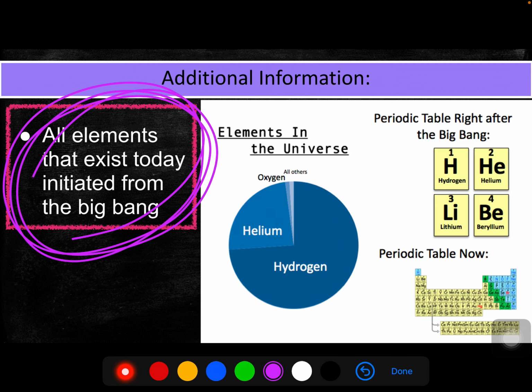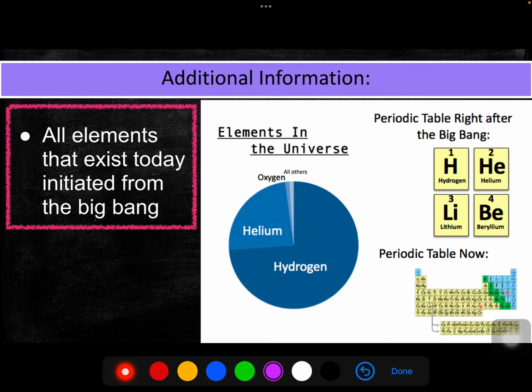So here's your first one. All elements that exist today initiated from the Big Bang. We already have a pretty good idea of what the Big Bang is, right? It's the beginning of the universe, 14 billion years ago. Matter was all compact into this teeny tiny point, and it expanded outward to create what we have today.